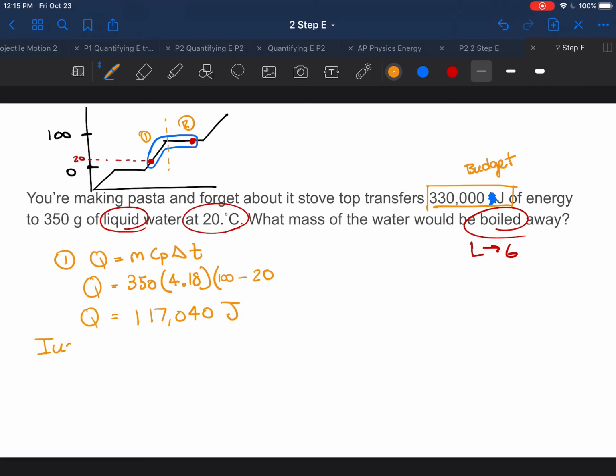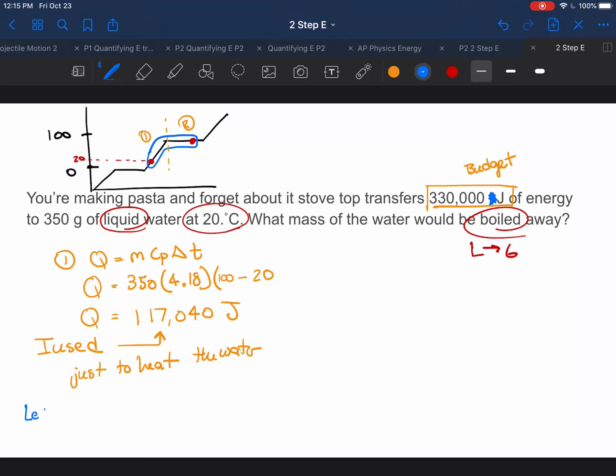So that tells me just to heat it, I had to use this much energy just to heat the water. So my original budget was 330,000.